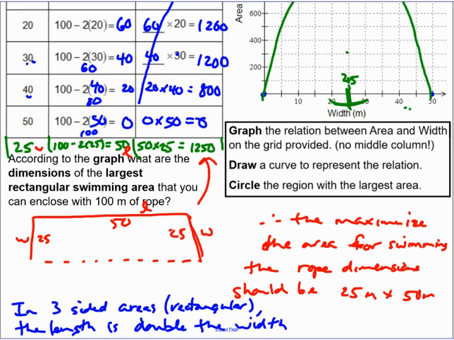And that will give you the maximum area every time. Okay, so we sort of follow that exception to the rule.